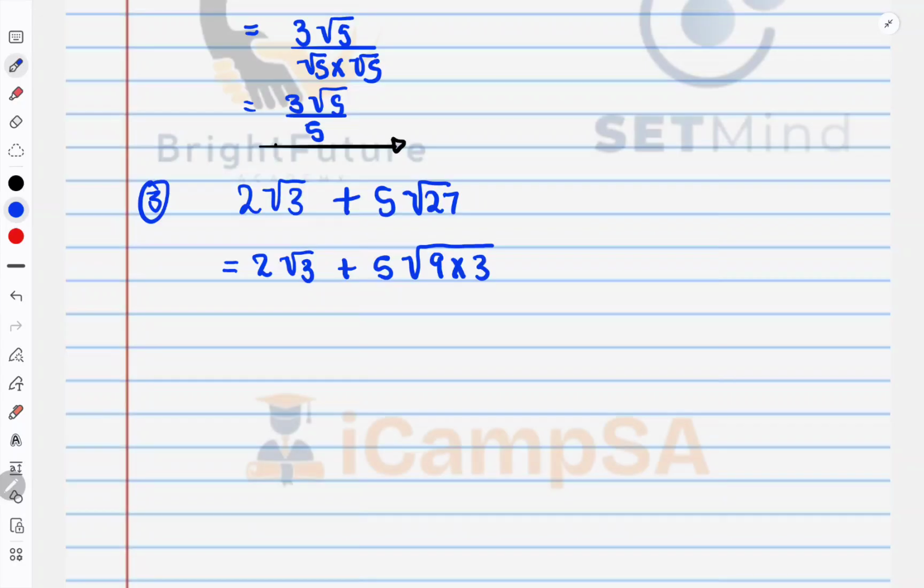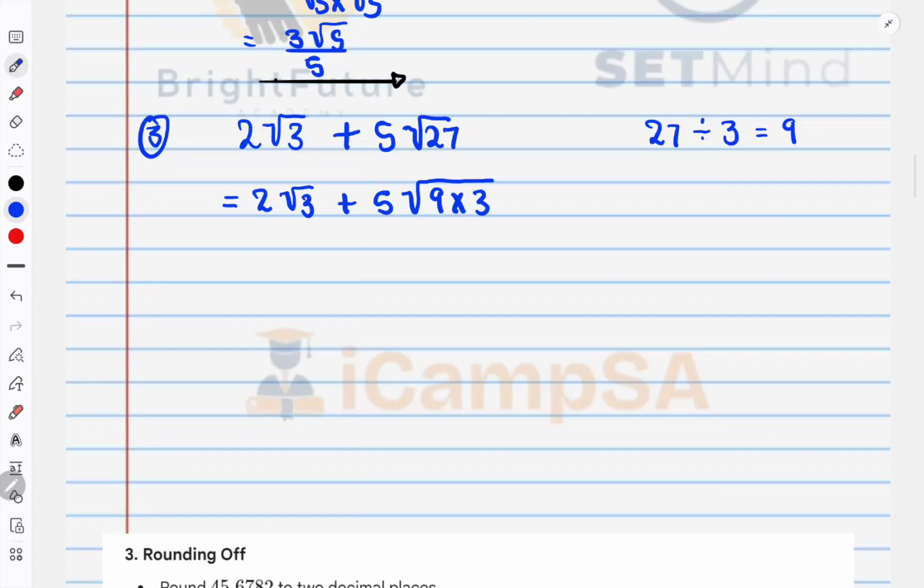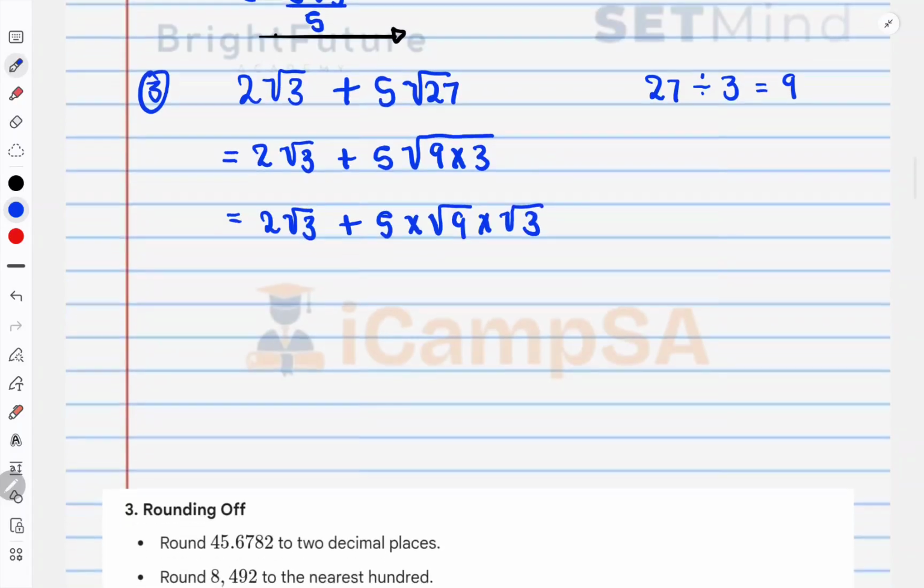And we found this by finding the factors of 27, which essentially gave us 9. So we have 9 times 3. And we know that 9 is a perfect square. Okay, let's go. We have 2 root 3 plus 5 times root 9 times root 3.